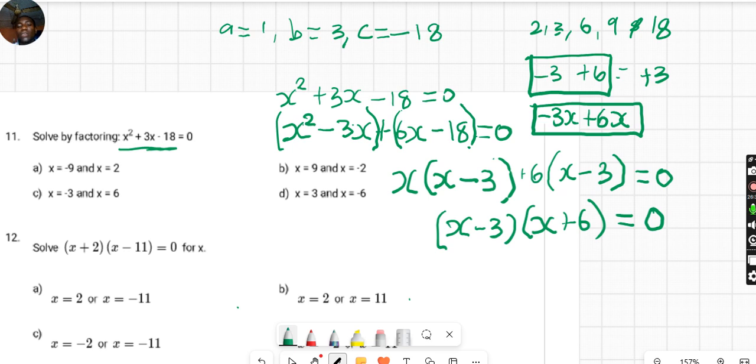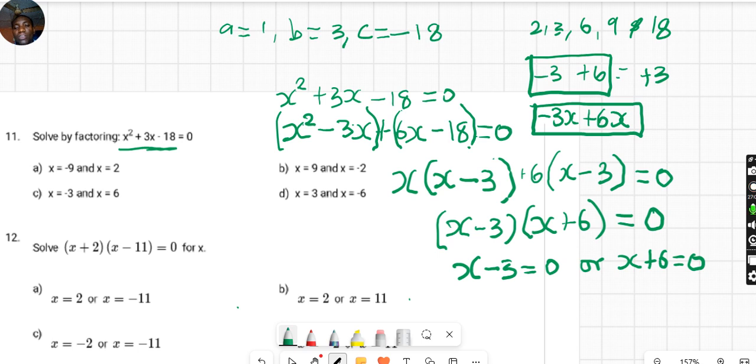So the last thing we need to do now is just pick one bracket and equate it to 0. x minus 3 equal to 0, or x plus 6 is equal to 0. So I've just picked each bracket and equated it to 0. So we need to make x stand alone.